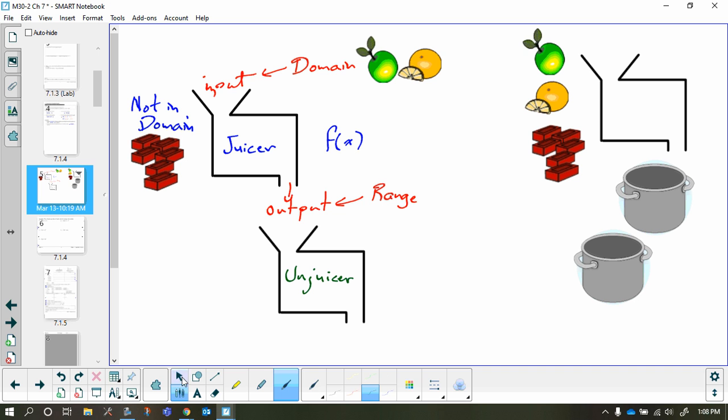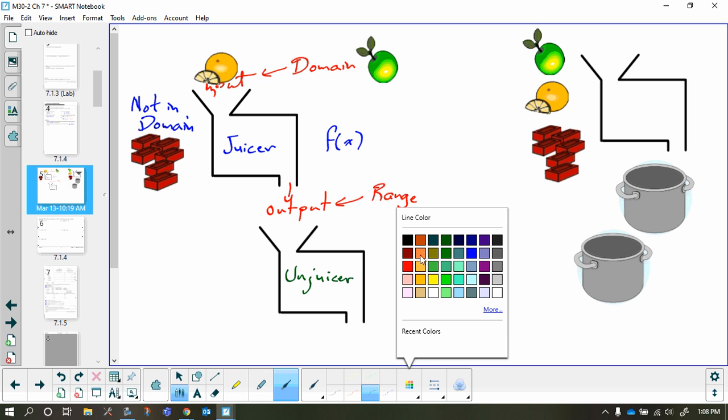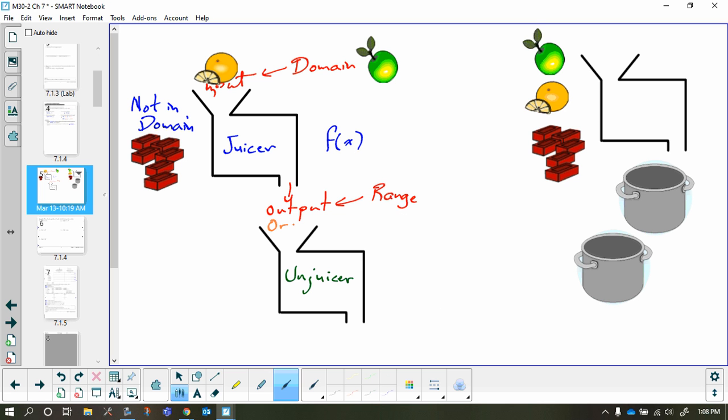So if I was to start up here and take this orange and stick it in through here, what I'd get as output is orange juice. Now let me see if I can pick something that's a little bit orangish in color. There we go. So I get some orange juice.